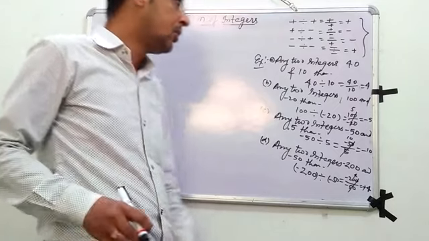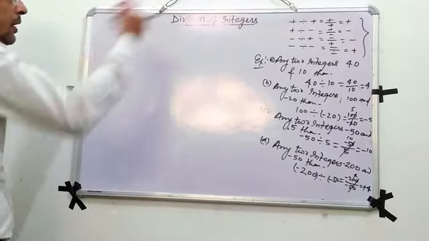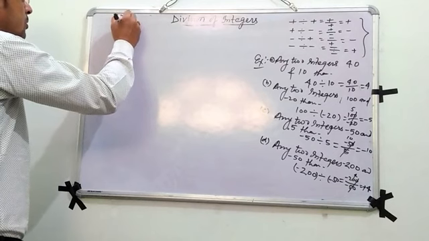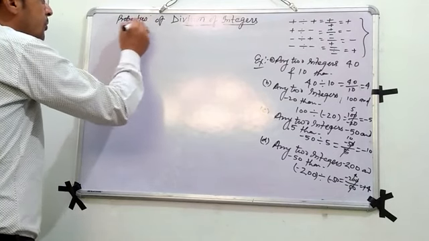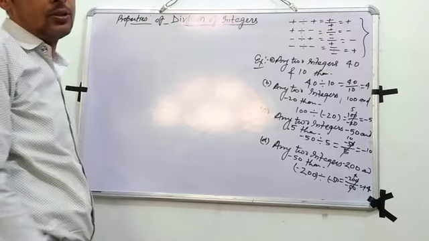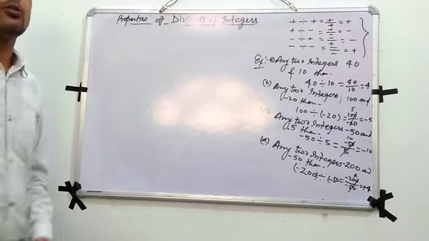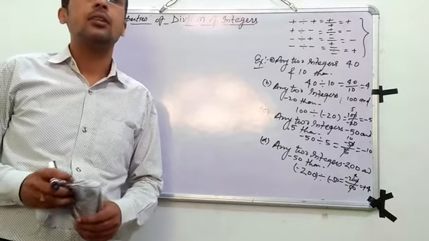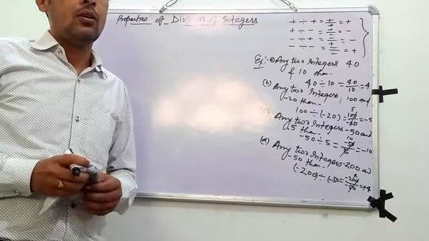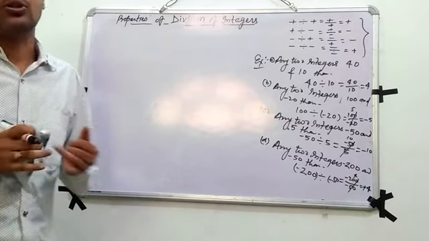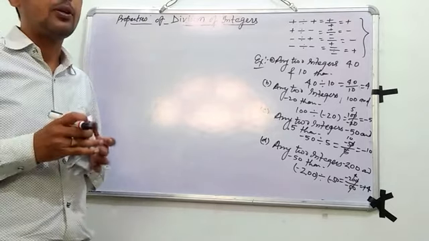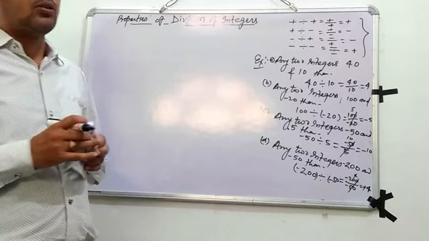Is it clear? Now, the next topic is properties of integers. In multiplication you have already learned about the closure property, commutative property, associative property, and property of zero.